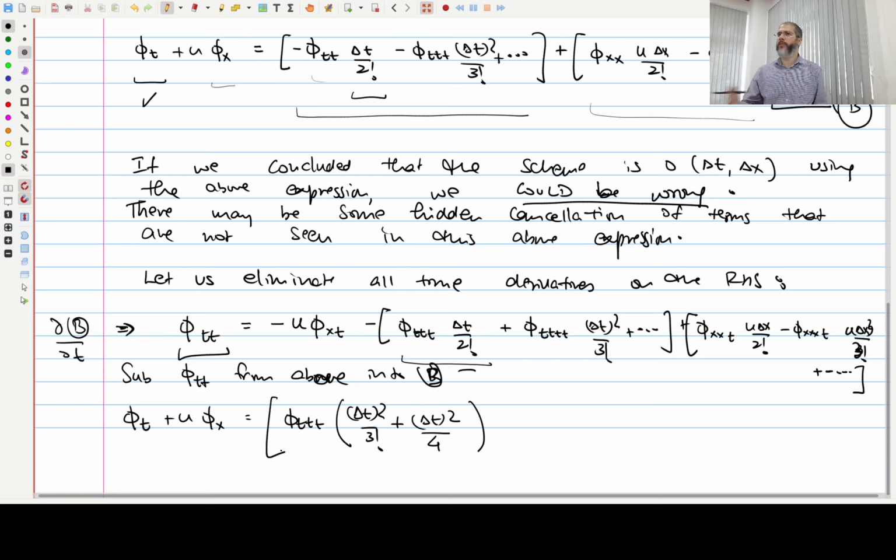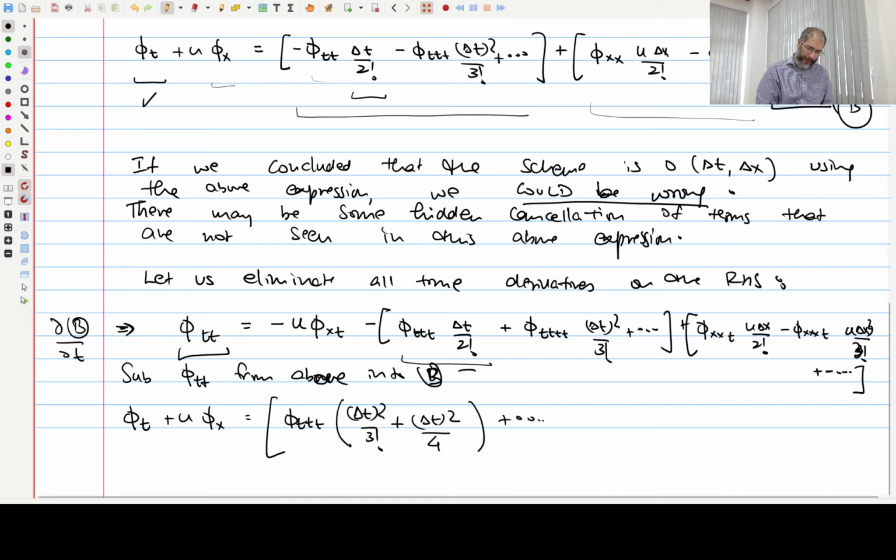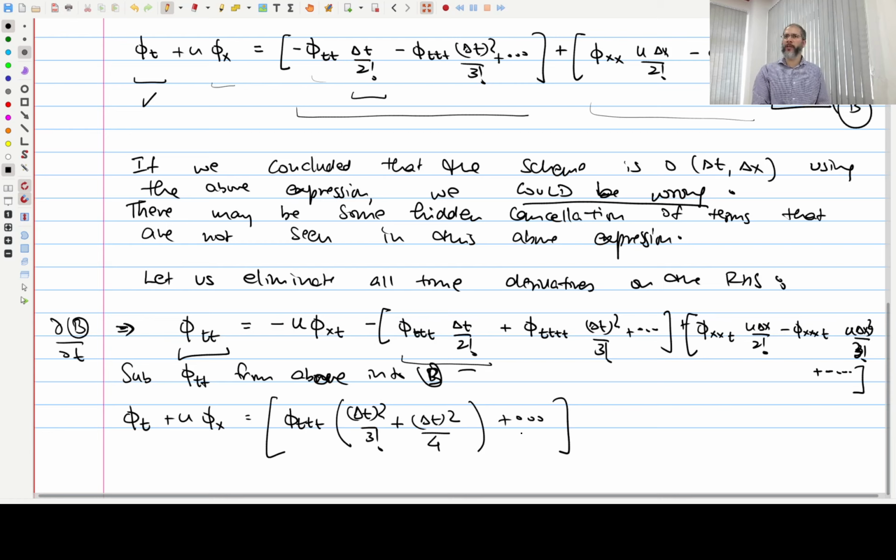Now I don't want to write all the terms, this becomes very tedious. I just want to give you a couple of terms. So then you have all other pure derivatives with respect to time. So what we have seen is phi tt is gone. In the error now we have higher order pure derivatives of time. But we also generated some mixed derivatives. So one mixed derivative we generated was phi xt, whose coefficient is minus u, but we also have a minus delta t by 2 factorial, because we substituted that here.